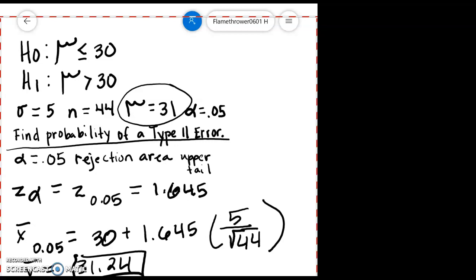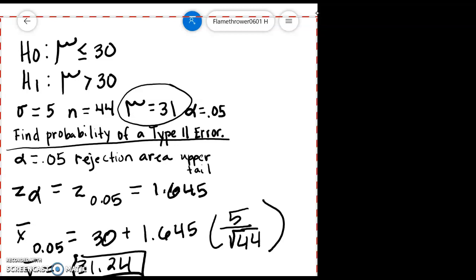So now let's calculate our z value, and we take our critical mean, which is 31.24, minus our actual mean, which was 31. I circled it at the top, and we divide it by 5 over the square root of 44. So if you put that in your calculator, you would get 0.32 for z.